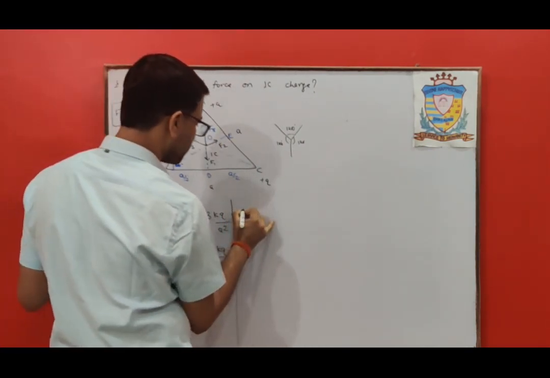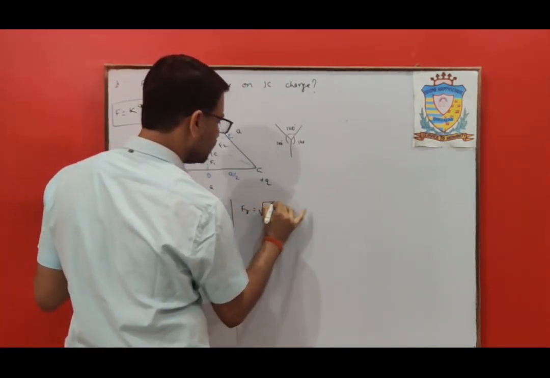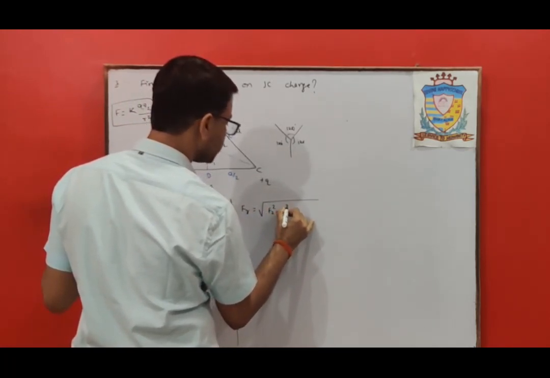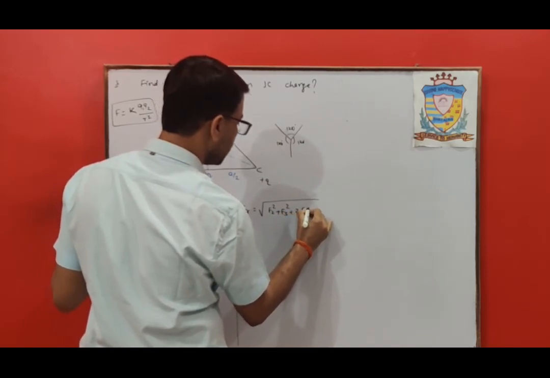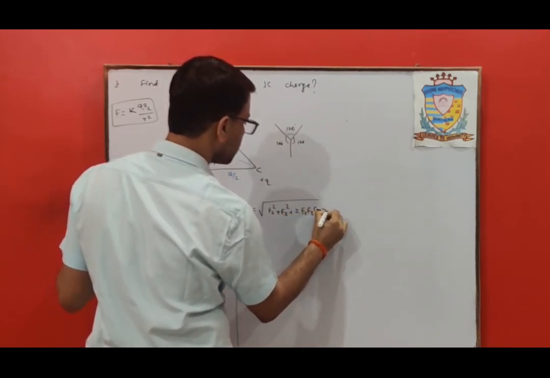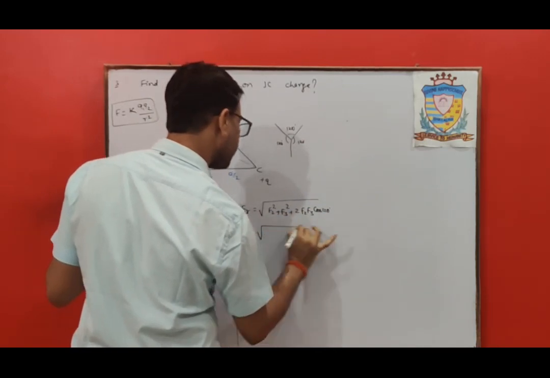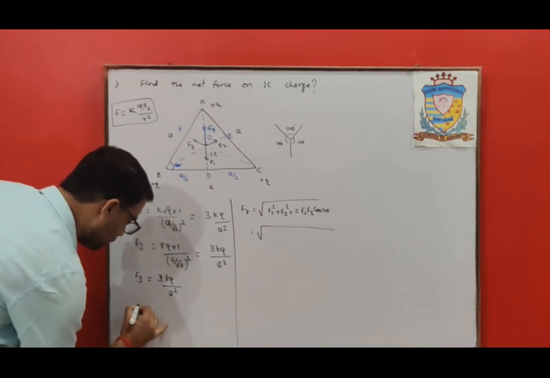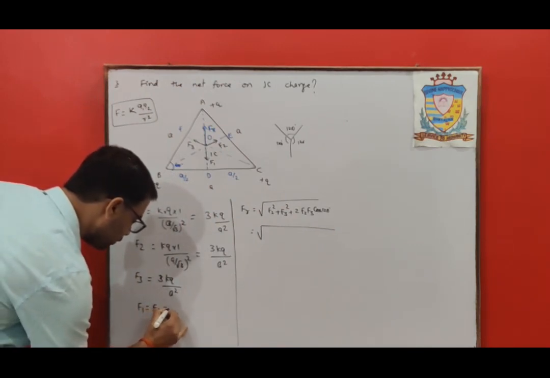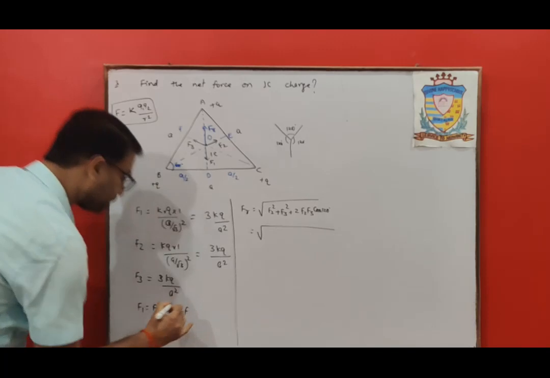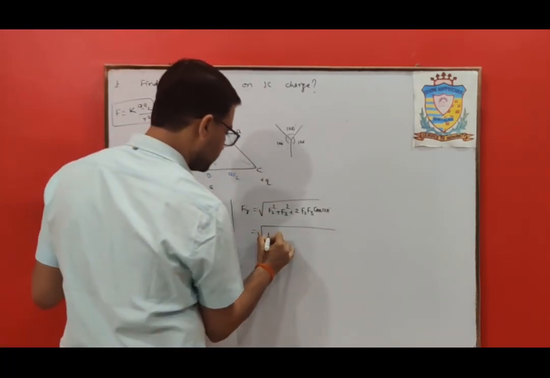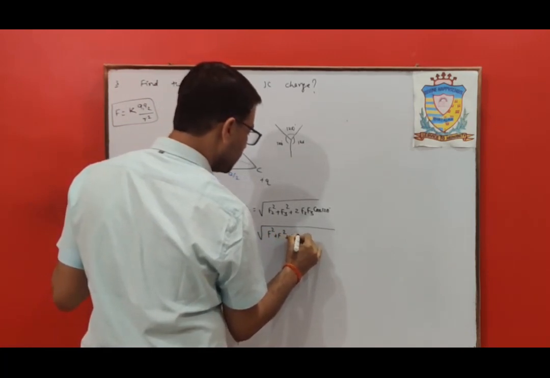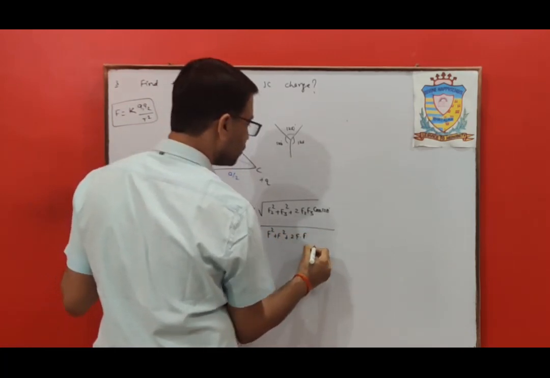So FR is equal to under root F2 square plus F3 square plus 2 F2 F3 cos 120 degree. Since these three are equal, we can put F1 equal to F2 equal to F3 equal to F. So F square plus F square plus 2F square into cos 120 degree.